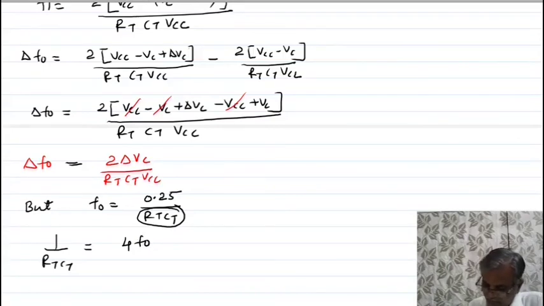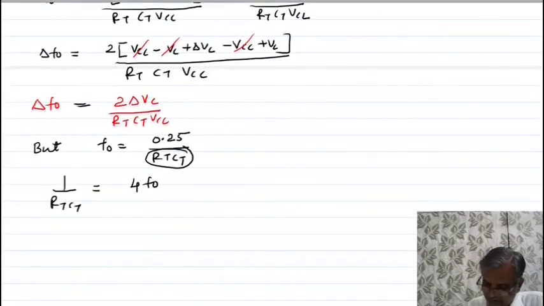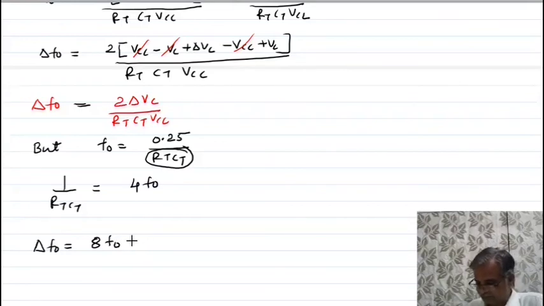So the above equation can be written as delta F0 is 8 F0 into delta VC upon VCC.